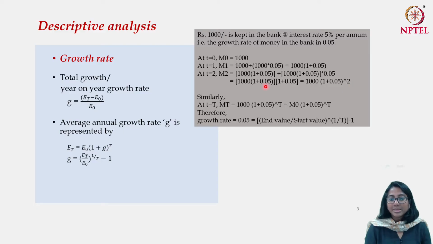Similarly, at the end of the third year, this will be 1000 multiplied by 1 plus the rate of growth to the power 3.